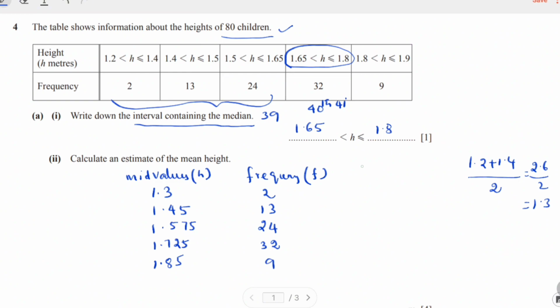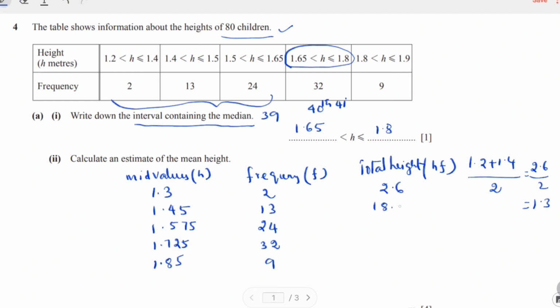Now we will find the total height, which is HF. If we multiply 1.3 and 2, we get 2.6. We follow the same procedure for the rest of the values as well.